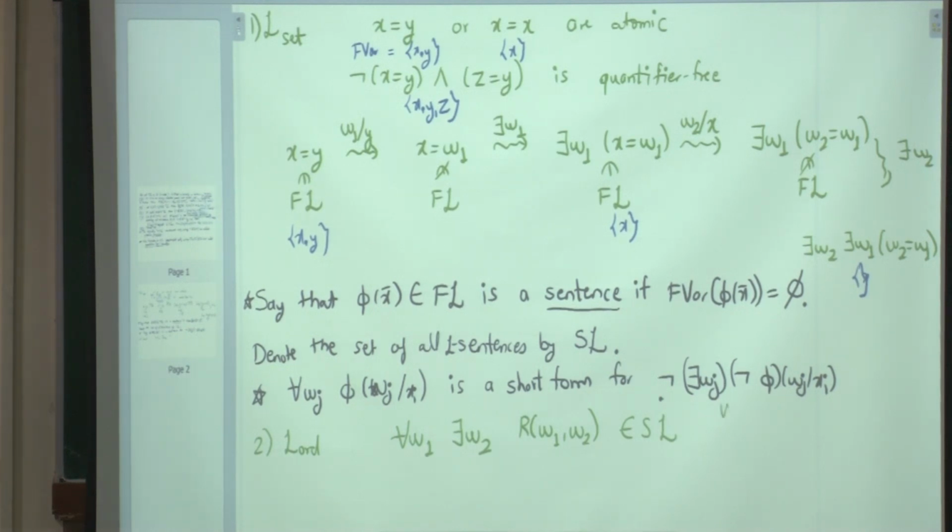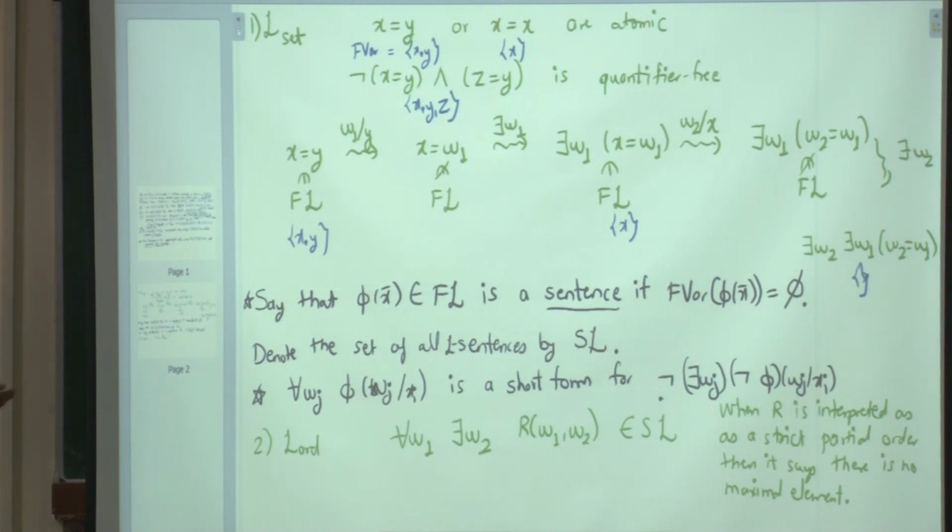When R is interpreted as a strict partial order, then it says there is no maximal element. For every element there is a strict upper bound.